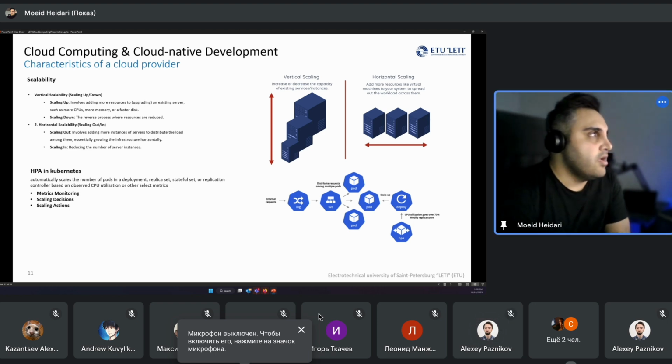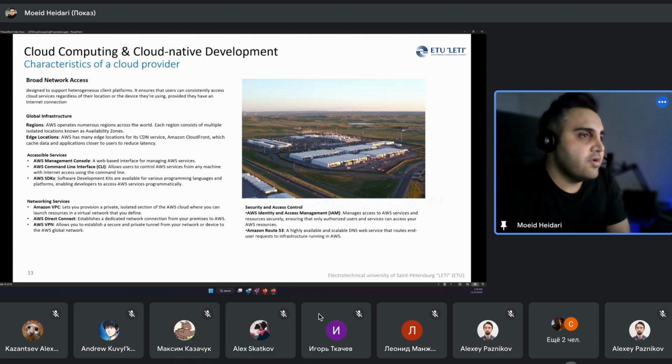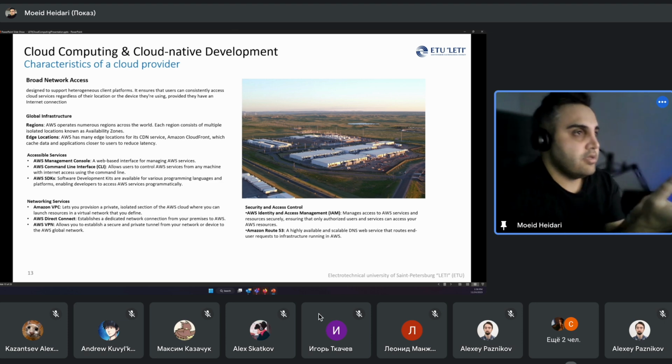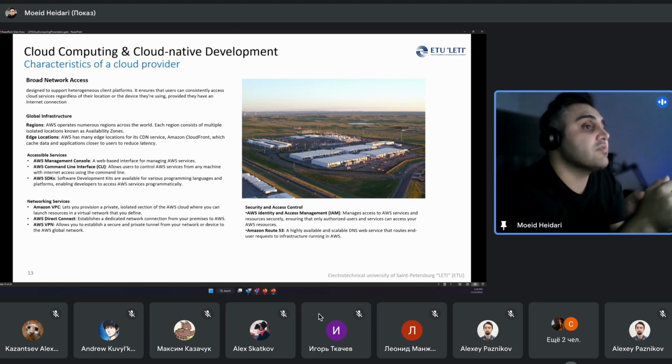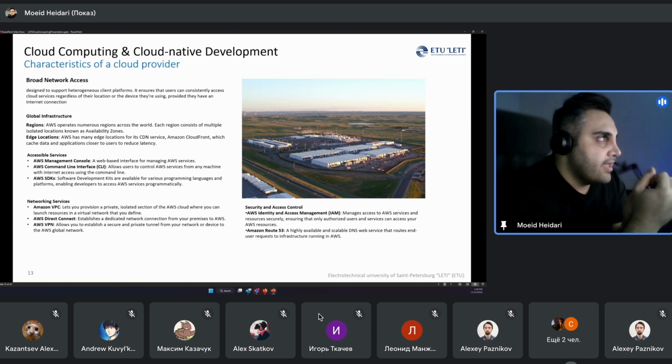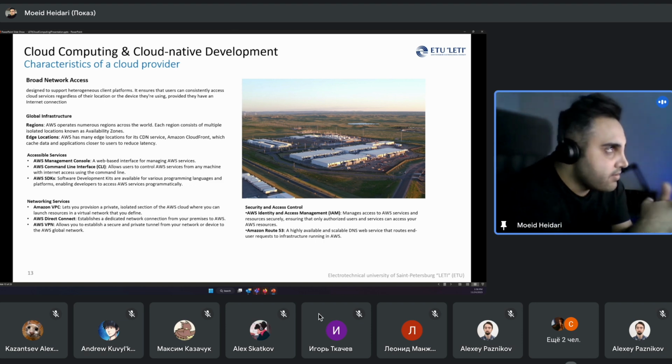Great. So if there is no other question, let's jump to broad network access, which is one of the major complexities and difficulties of creating a cloud computing system, and actually involves high expenses. If you want to provide a cloud system that serves the whole world, it should be designed to support heterogeneous client platforms, different types of client platforms.